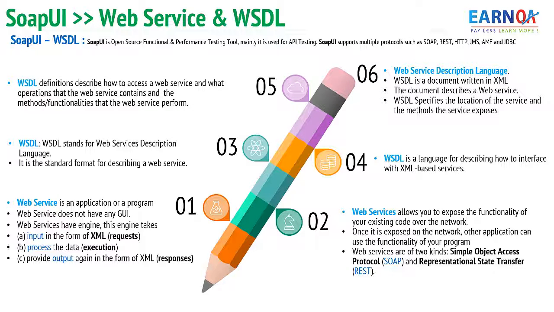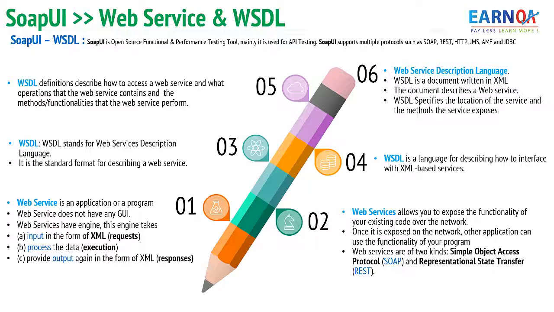The WSDL definition describes how we can access a web service, what the different methods are that the service can contain, and what the different functionalities are that can be utilized from this service. It talks about the in-detail nature of the API, the in-detail nature of the program, and the in-detail description, the documentation, of the web service.